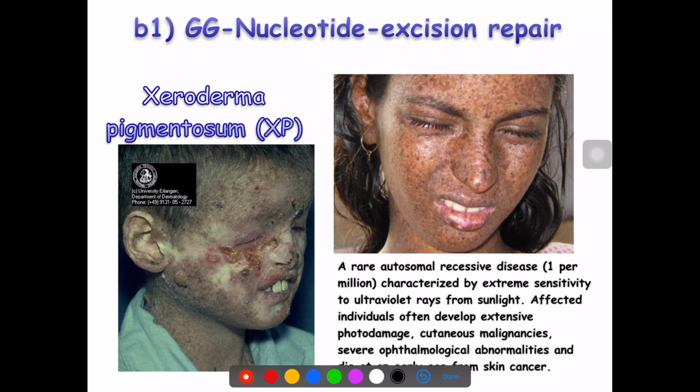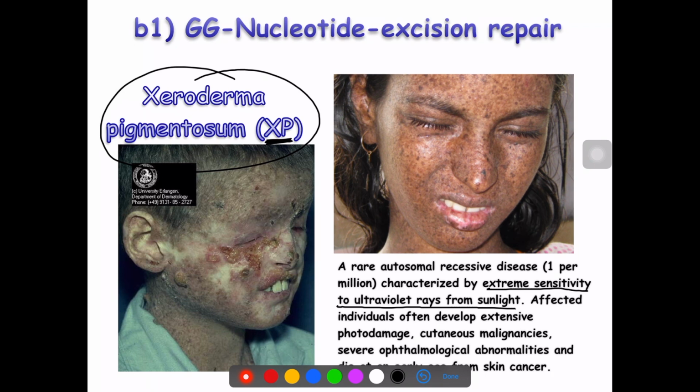And in fact, this specific disease is manifested by the presence of really extreme damage in any region of the body that is exposed to UV light. And the name of the disease is xeroderma pigmentosum, or XP. And individuals that are affected by this particular disease have extreme sensitivity to UV rays from sunlight.